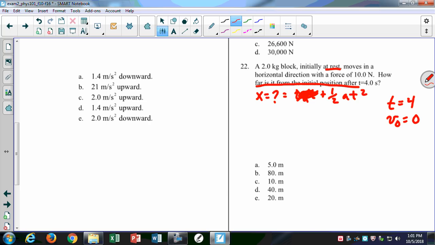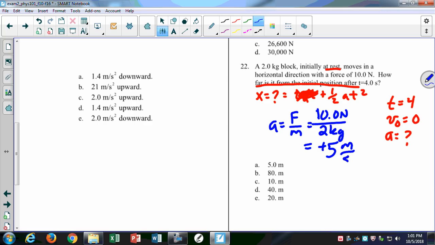And I know that my acceleration, well, I need to find my acceleration. So my acceleration I don't know right off. So I say a is equal to F over m, and then that's equal to 10 newtons divided by the mass, which is 2 kilograms. So my acceleration is positive 5 meters per second squared.